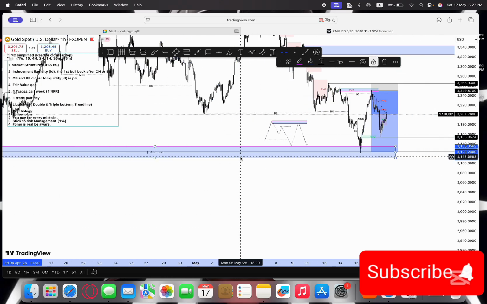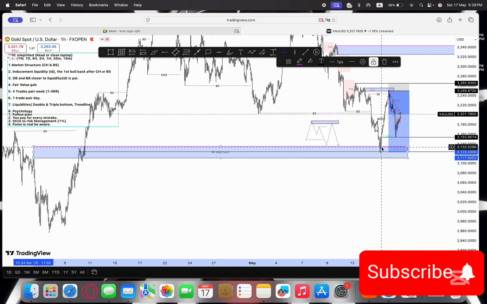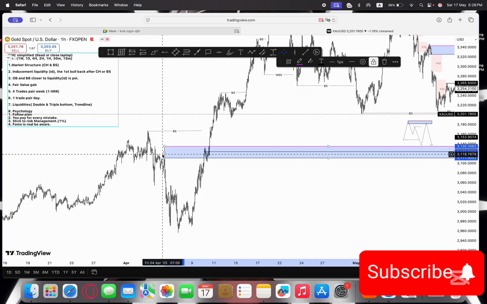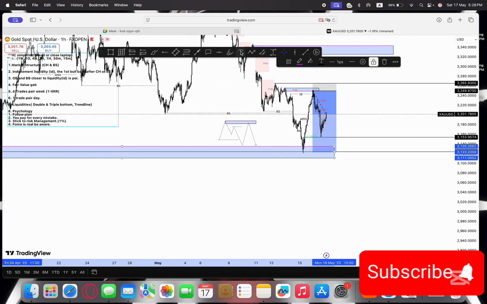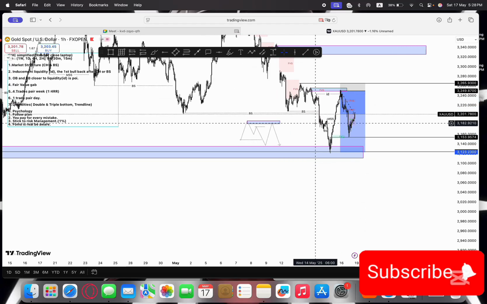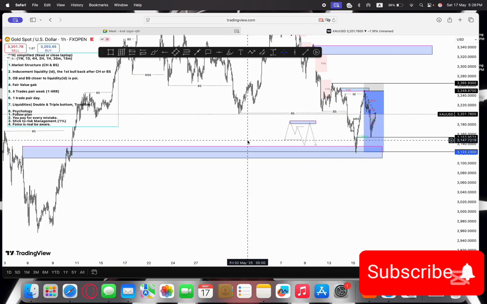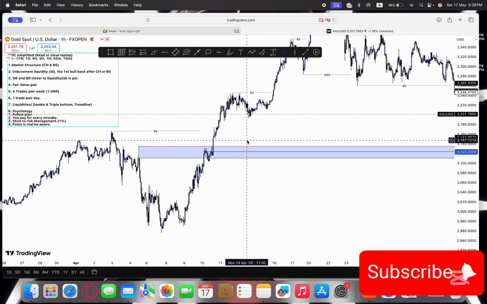Let's look at here. I was actually anticipating that price will come and then respect it. Lo and behold, this breaker block has been respected and it went to this supply zone. So that means I'm not teaching you something which does not work. It really works because it is actually occurring on the chart.